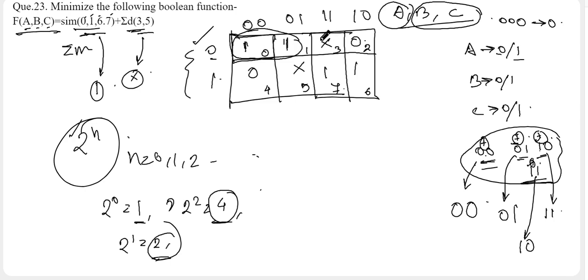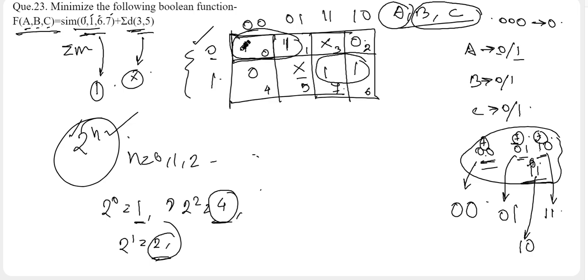Our next group will be these two 1s, and similarly we can't include the don't care term because then the group size will be 3, which violates our 2 to the power n rule. So these are the two groups we have found from the given K-map, and we will write the Boolean expression for them.